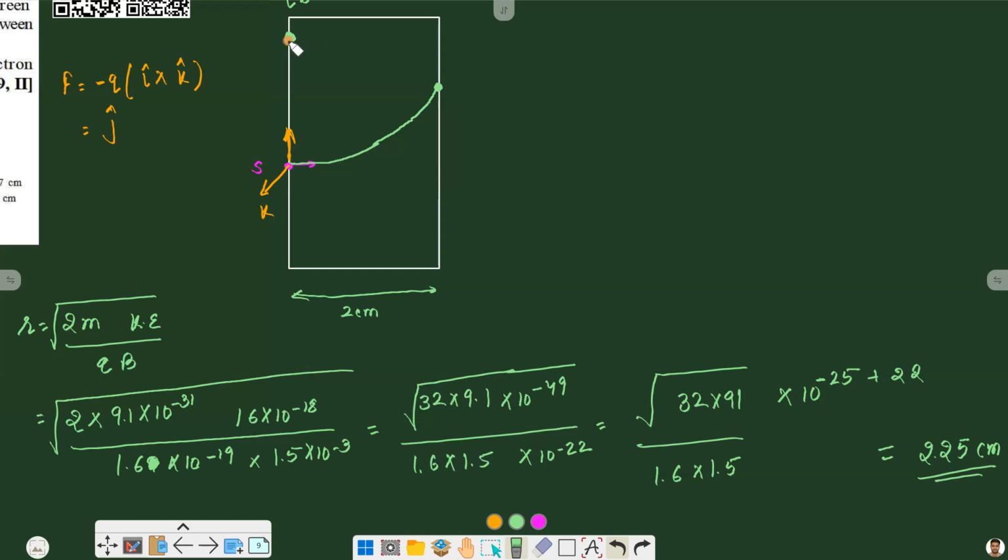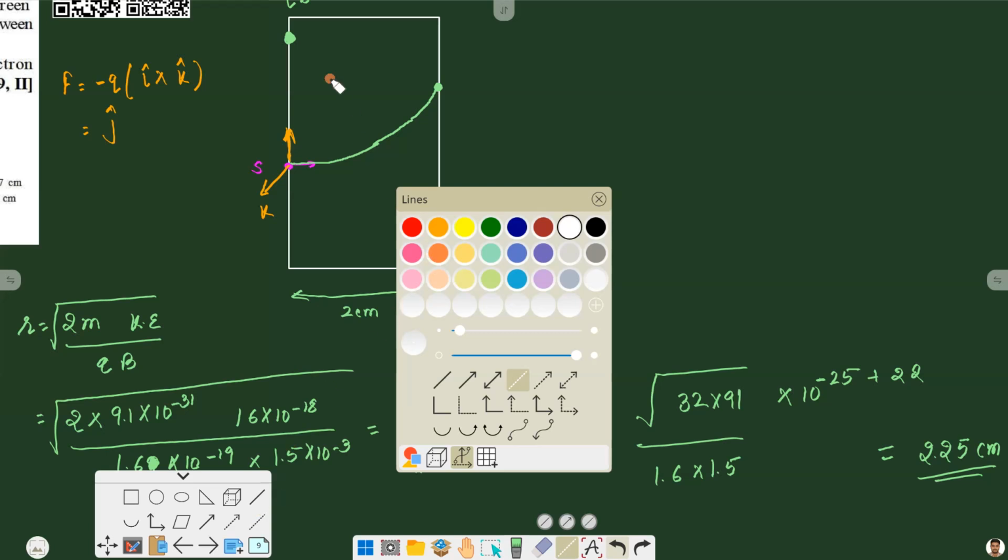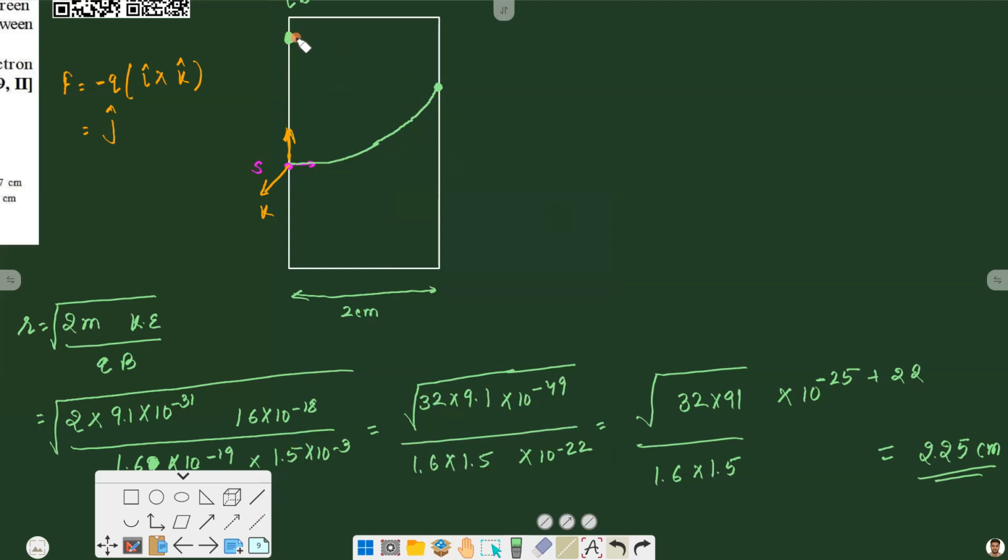Suppose this is the center of the rotation, the point about which the particle is rotating, then we can draw a line from here, something like this. As the particle has covered this angle theta, we will find out this angle also.